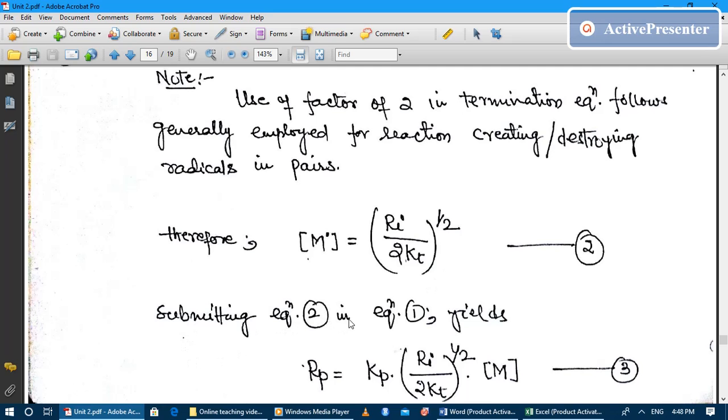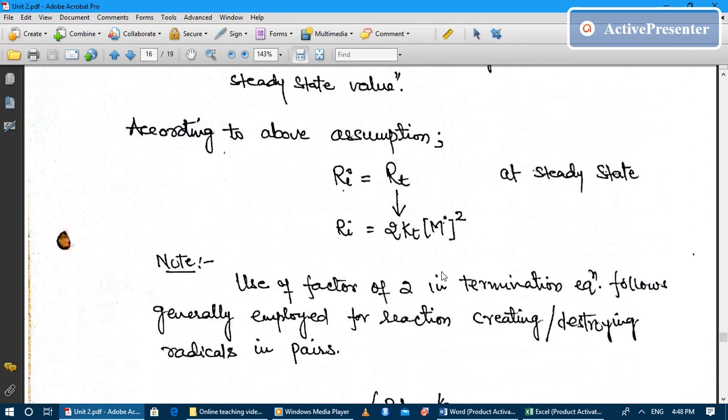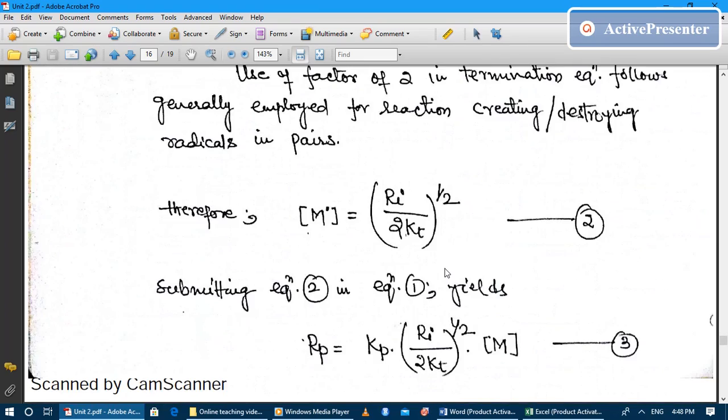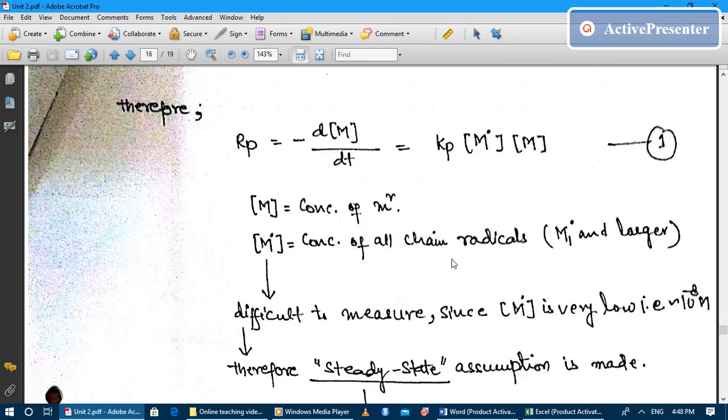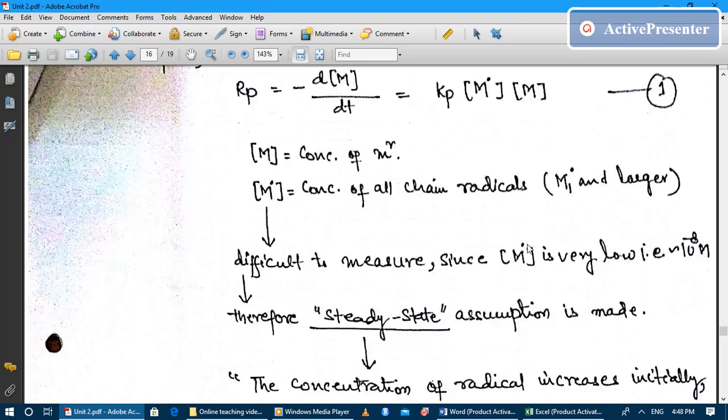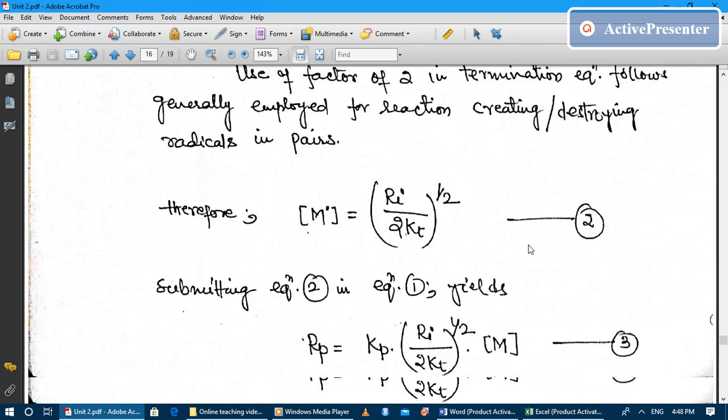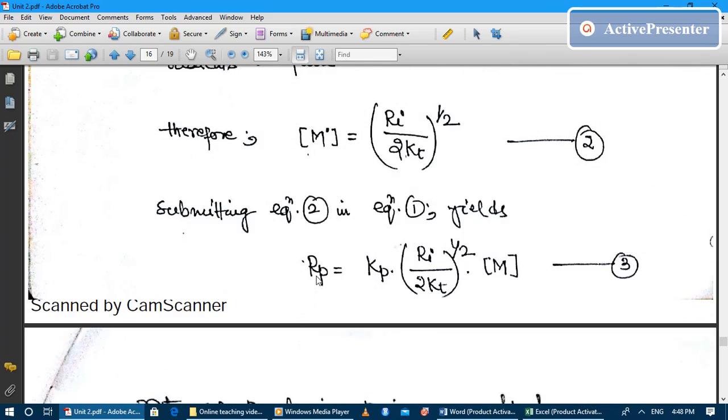Substituting equation 2 in equation 1, this is my equation 1, so in equation 1 I can put the value of M dot. So rate of polymerization or rate of propagation Rp is equal to Kp times (Ri over 2 Kt) under root times the concentration M.